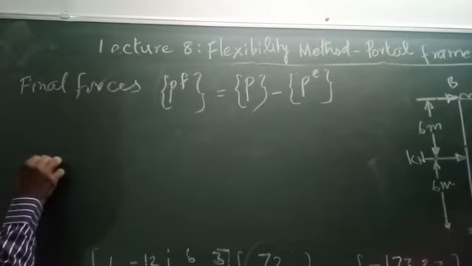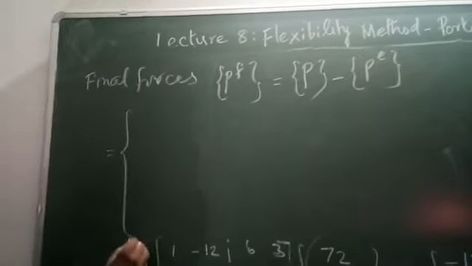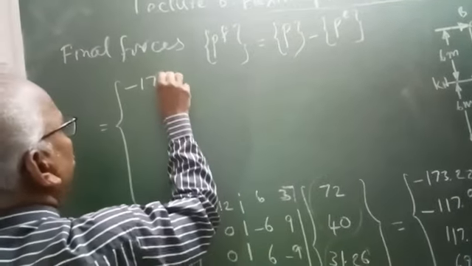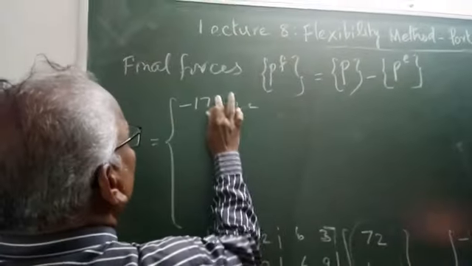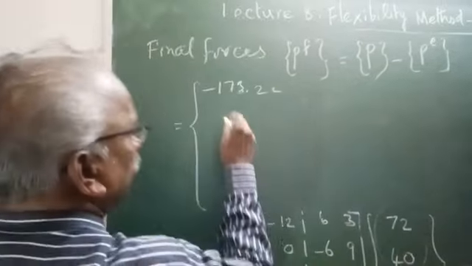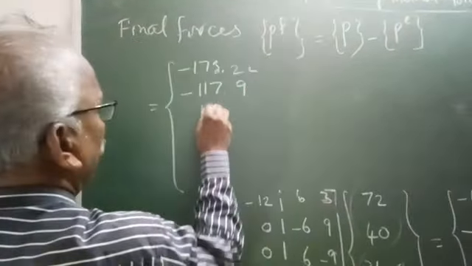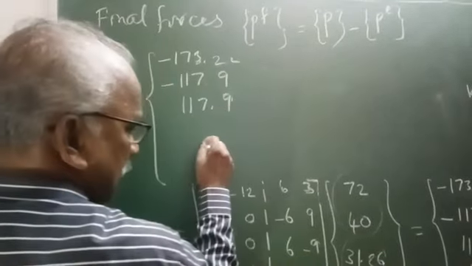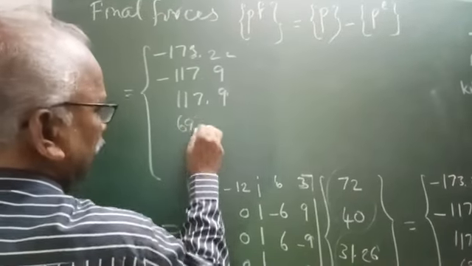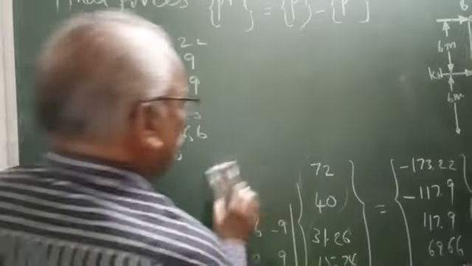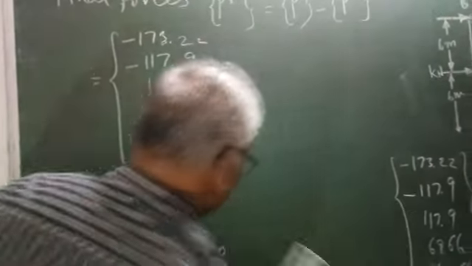So that is equal to 173.22, minus 117.9, 69.66, minus 141.66 and 0. So that's about the P values.